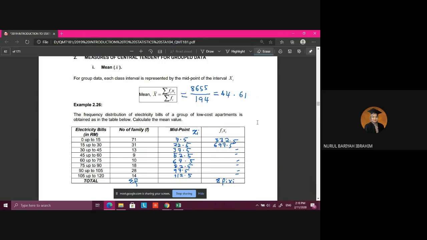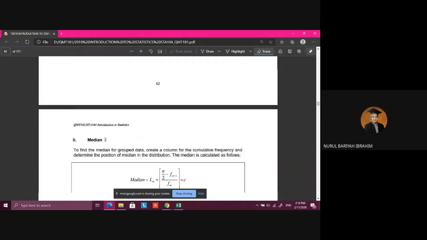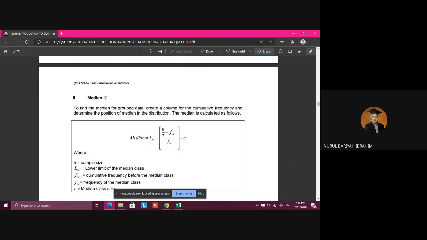So in average, the electricity bill for a low cost apartment is RM44.61. You need to know how to interpret the value of mean, put the average in front.